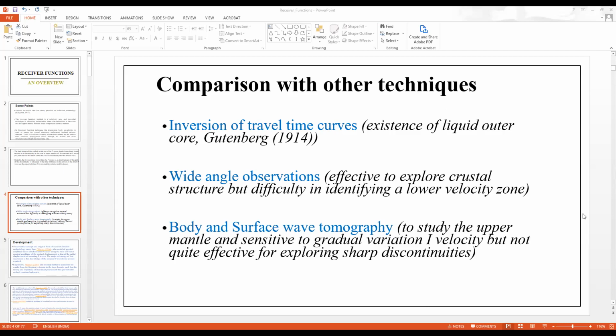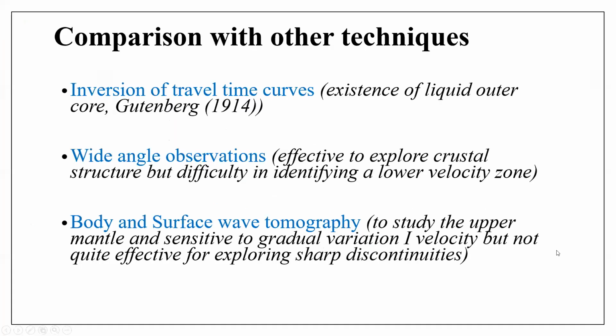Okay. So in this particular slide, I put a brief comparison between the previously employed techniques and the receiver function technique. There are three important techniques employed in seismology to image the deep earth structure. One is the inversion of travel time curves, another is wide angle observations, and the last one is body and surface wave tomography.